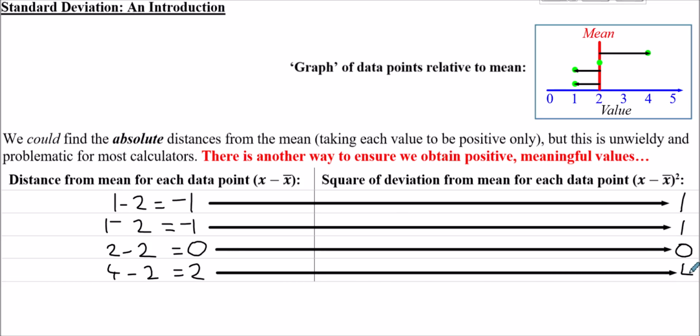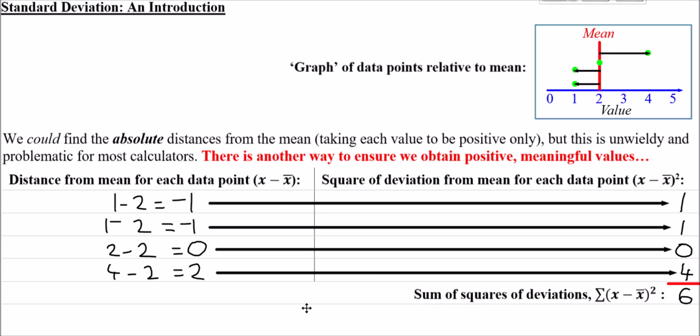So now we've got something we can work with. So now, if we think about what we can do with this, we could sum all these together. So if we add up all these squares of the deviations, which is sigma of the difference squared, sum of the differences all squared, let's see what we'd get. So 1 plus 1 plus 0 plus 4, add these together, we get a total of 6.